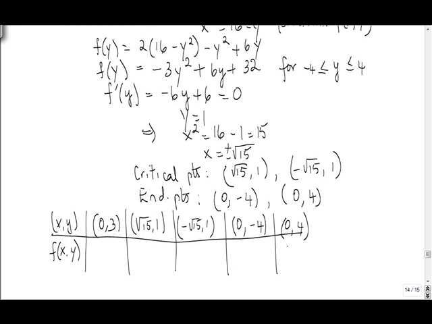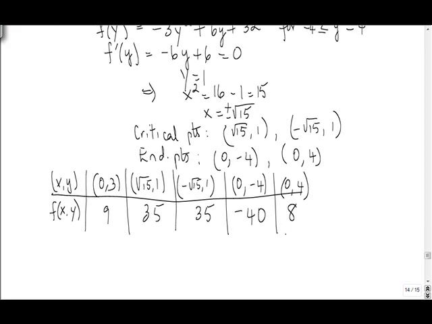Put these points into your function. We get 9, 35, 35, negative 48. These are the highest, so that's your global max. This is the lowest, so that's your global min.